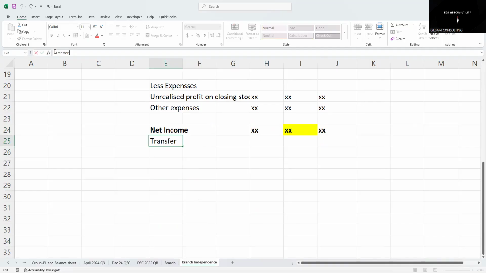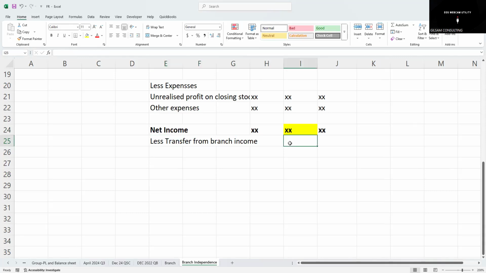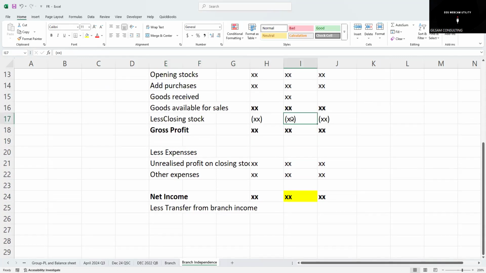So you say, let's transfer from branch income, which is this one. So we will subtract this on both sides, or it will affect the total, so that now we get the normal profit here.